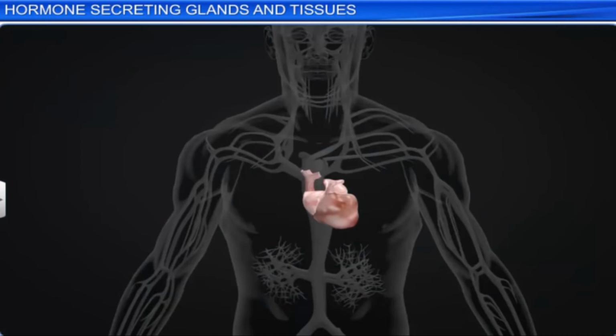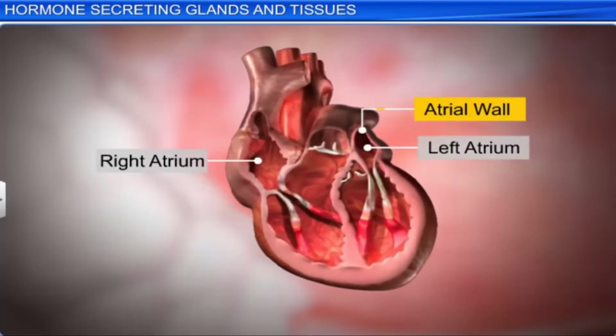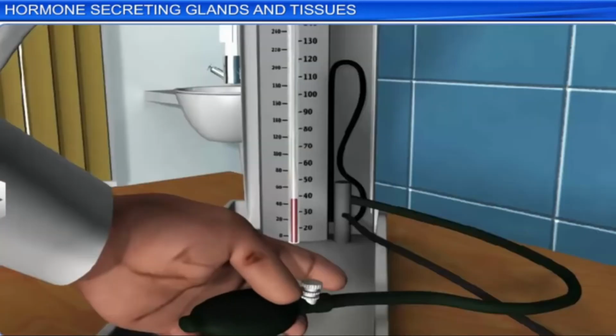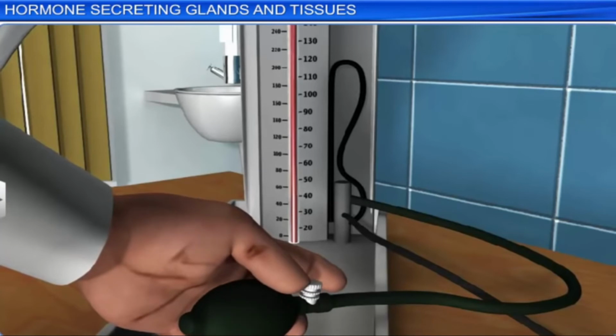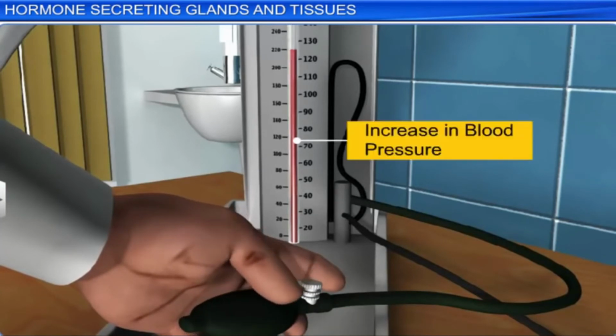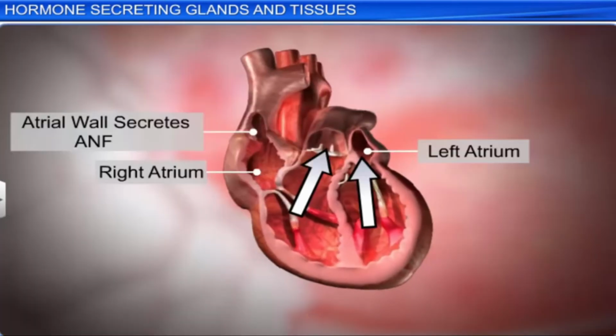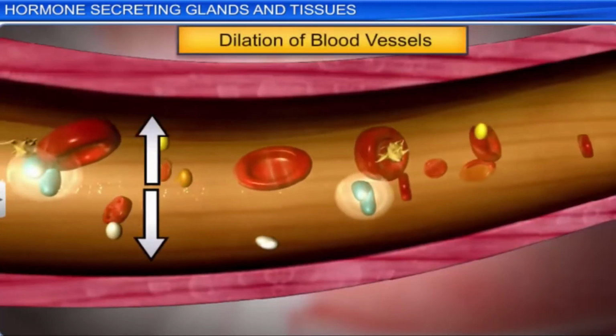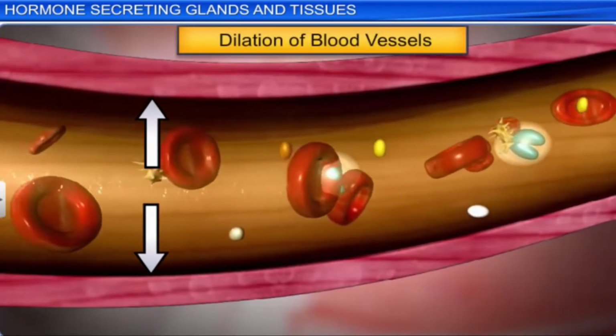In the heart, the atrial wall secretes a peptide hormone called atrial natriuretic factor, or ANF, which helps to decrease blood pressure. When blood pressure increases, ANF is secreted. This dilates the blood vessels, thereby reducing blood pressure.